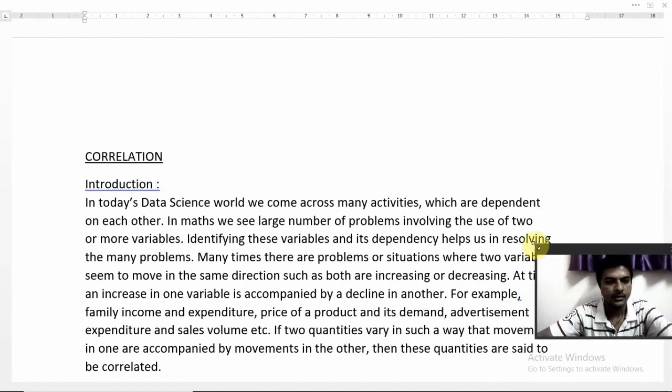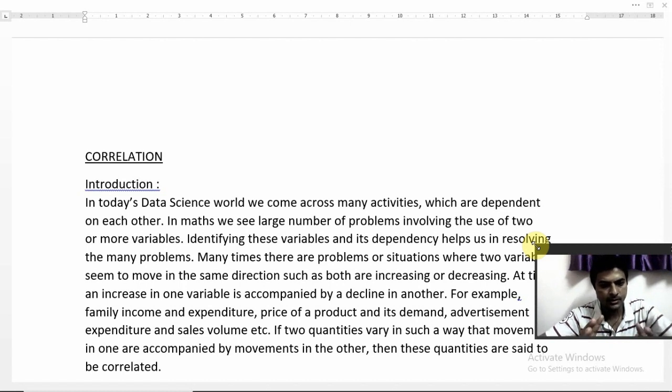Okay, here we start. In today's data science world, we come across many activities which are dependent on each other. Yes friends, just like you are dependent on your parents and on your teacher, you depend on someone, and with this you can see there will be a dependent variable. Then there are some things which are independent variables, like an exam. You just have to appear for the exam and study and practice the problems.